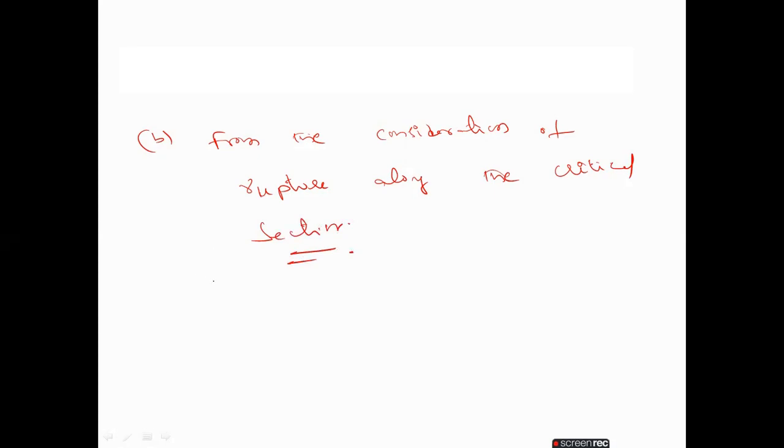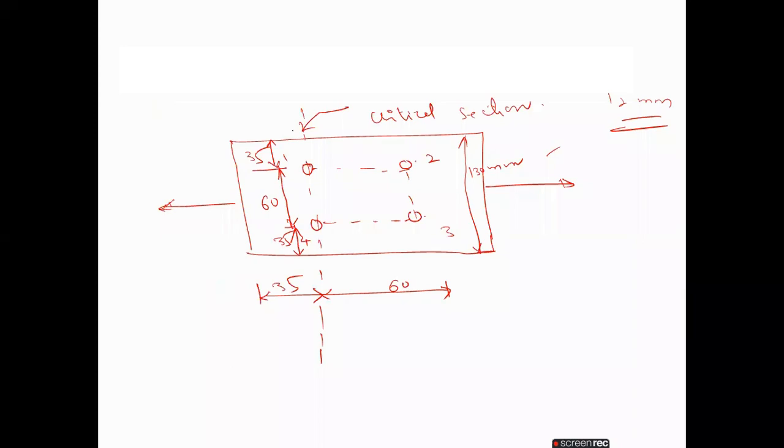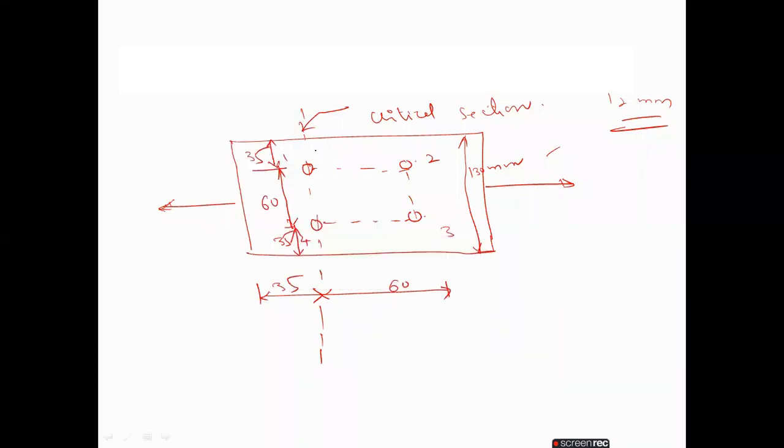Now in the critical section, I will show the diagram. This line, whatever I am showing here, wait for 1 second. Yes, whatever I am showing here is the critical section. In this critical section, how many bolts are there? 1 and 2.